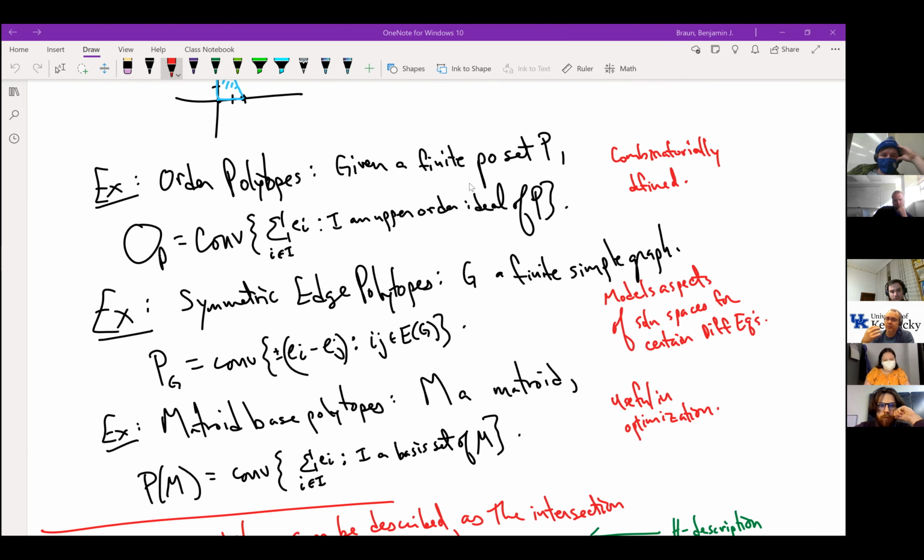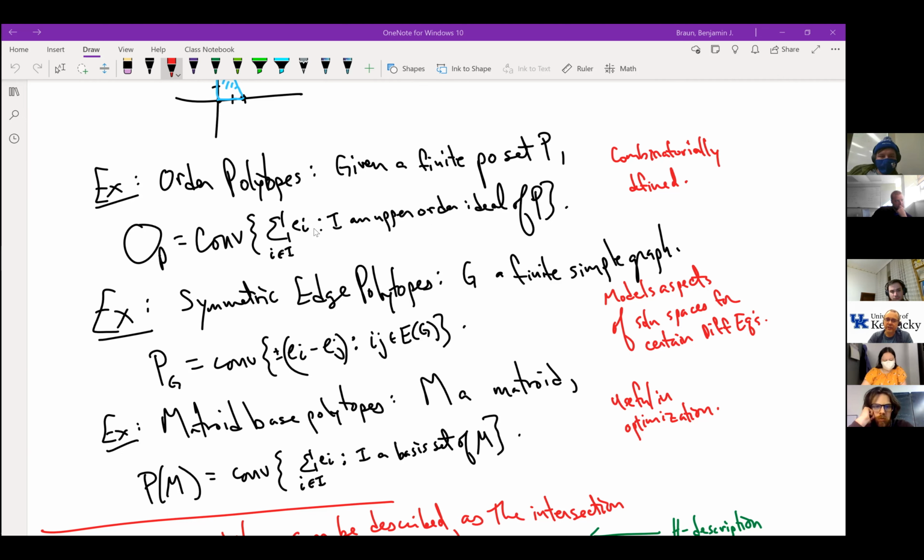If you have a finite partially ordered set, a finite poset P, then O sub P is the polytope which is the convex hull of the indicator vectors of upper order ideals of P. What I mean is the dimension of your ambient space is the number of elements in P. Each element of P corresponds to one coordinate in R^D, where D is the number of elements of P. And so for each upper order ideal, I can just take the 0,1 vector that tells me which elements are in the upper order ideal.